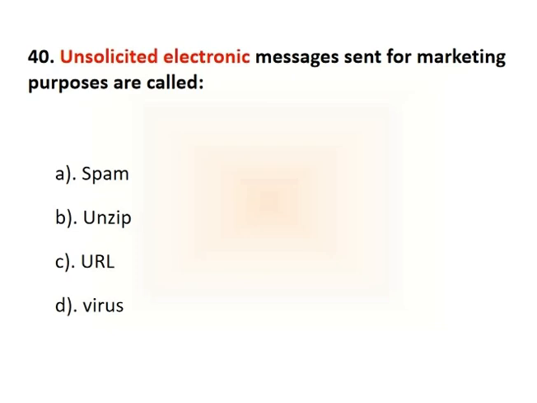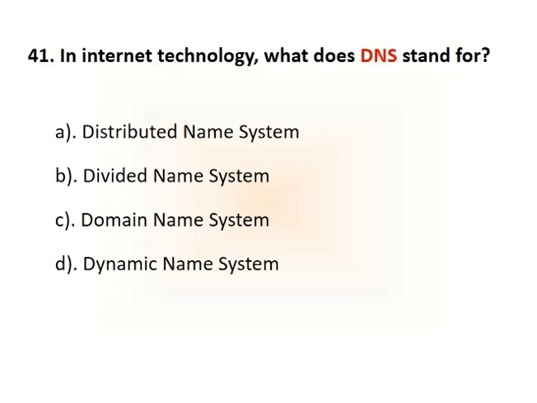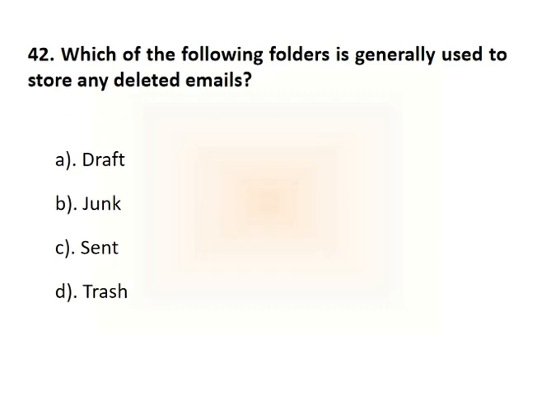Unsolicited electronic messages sent for marketing purposes are called A, spam. In Internet technology, what does DNS stand for? C, Domain Name System. Which of the following folders is generally used to store any deleted emails?